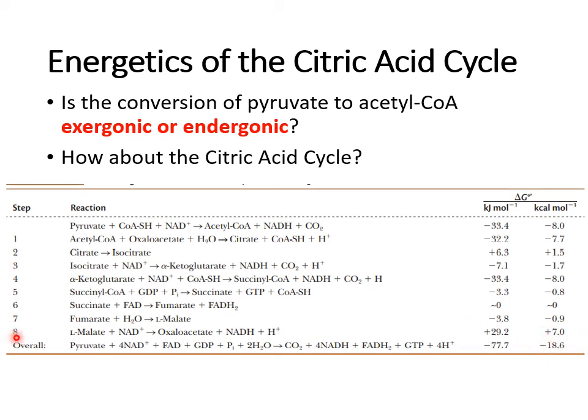So the citric acid steps are just -10.6. That is still negative. And here you have -44.3. That's still negative for the citric acid cycle steps. So the answer to both of these questions is exergonic, because the free energy of these overall cycles and reactions is negative.